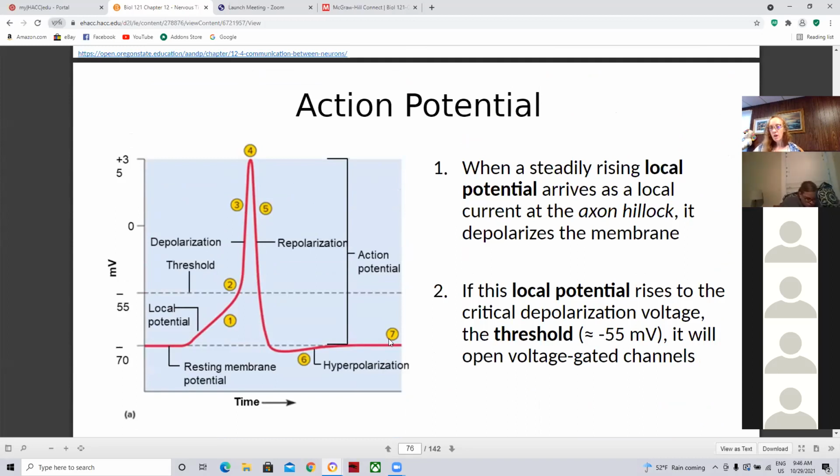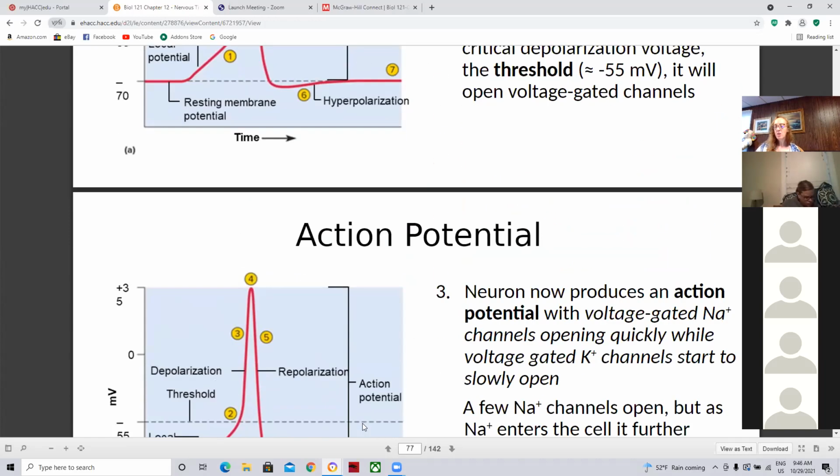So a steadily rising depolarizing potential is summating. If it reaches the axon hillock and has a critical depolarization voltage of minus 55 millivolts, it's going to open sodium and potassium channels. The sodium channels are going to open quite quickly. The potassium channels are going to be a lot slower to open.